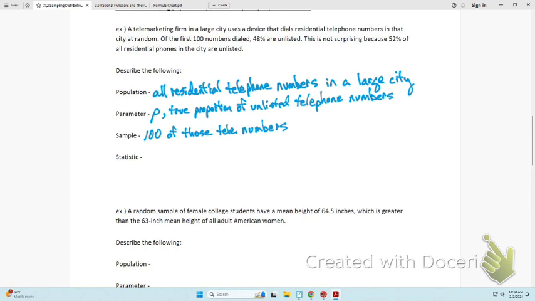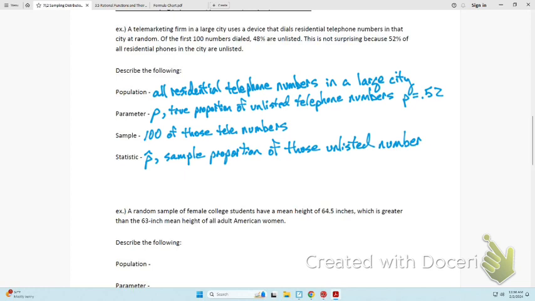And in this case, it was 52, supposedly. Statistic, we're talking about P hat, sample proportion, of those numbers. I'm going to say unlisted. That's important. And we know it is P hat equal to 0.48.